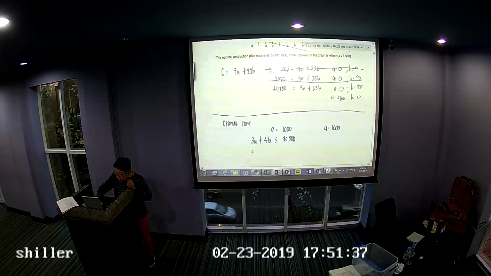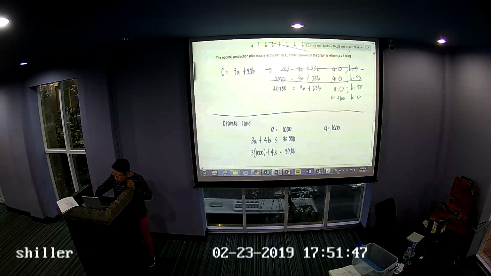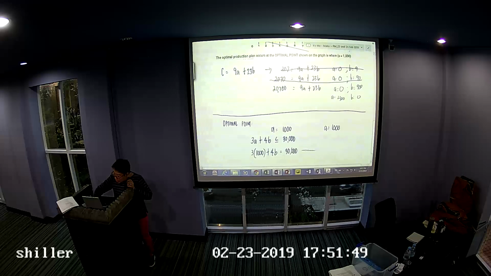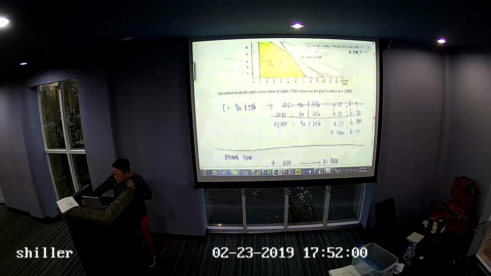All I need to do is say 1,000 plus 4B is equal to 30,000, which means what is B? B is equal to 6,750. Now look at your chart.